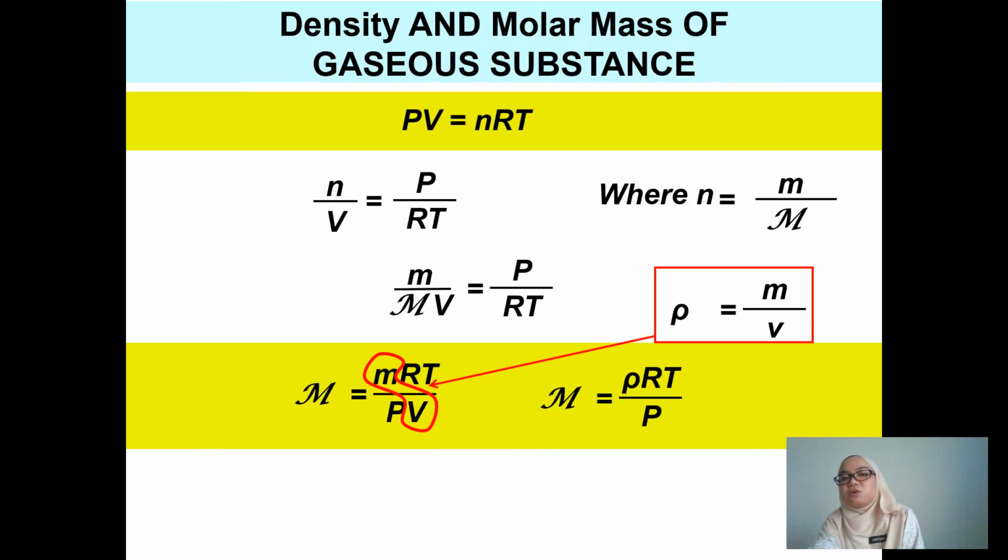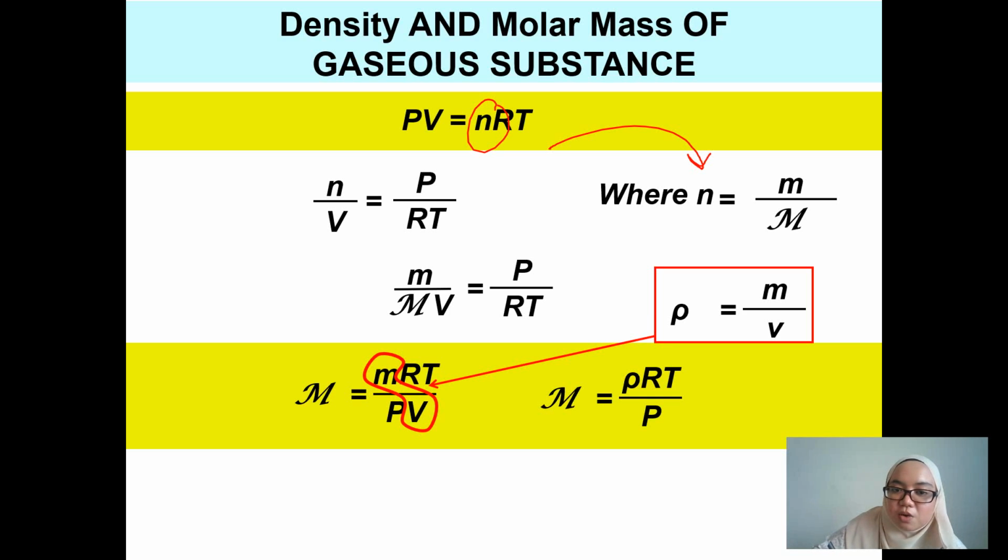Alright, so how do you find the density and the molar mass of a gaseous substance? First list out the ideal gas equation, which is PV equals nRT. Then we know that n, the number of moles, is equal to mass over molar mass.